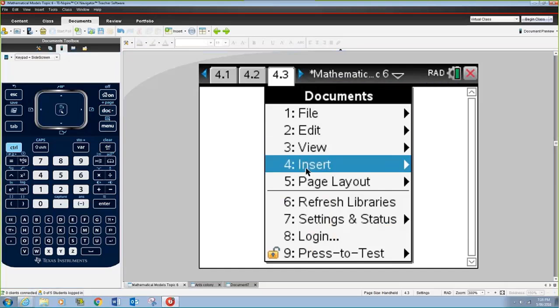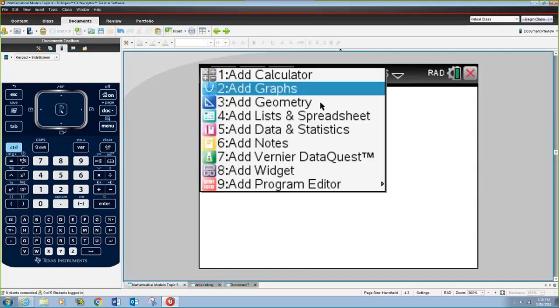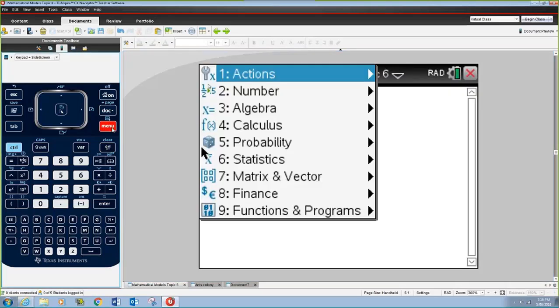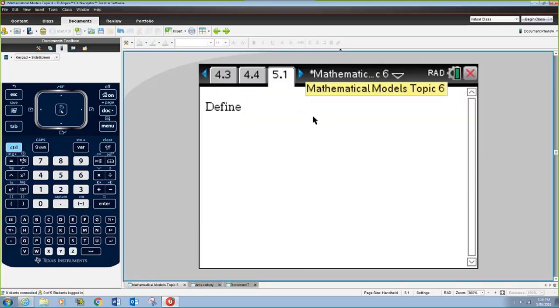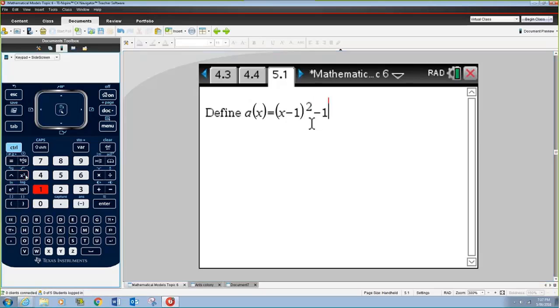So again, actions, define, and I say A(x) equals (x plus 1) squared minus 1. Here they don't need to expand, they don't really need to do any algebra, because if they say define, it will work.